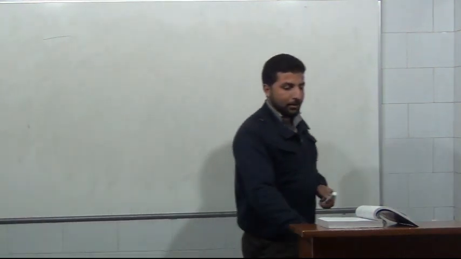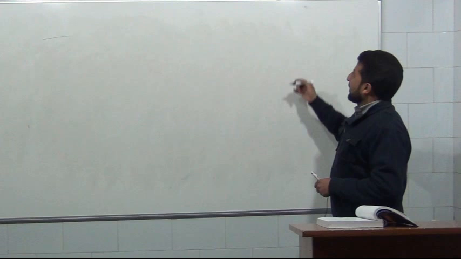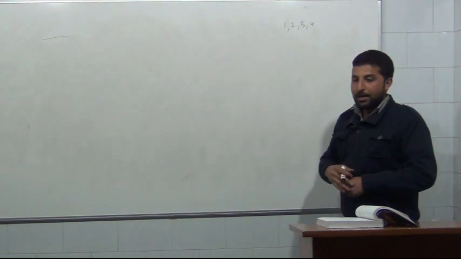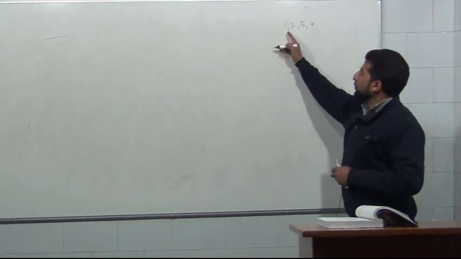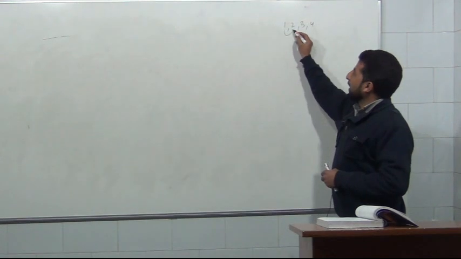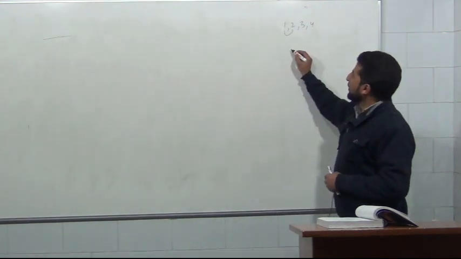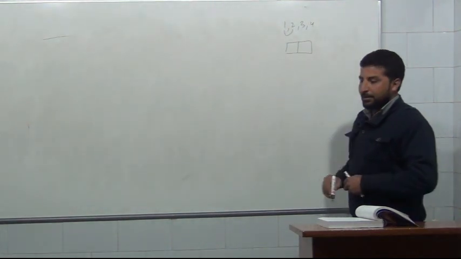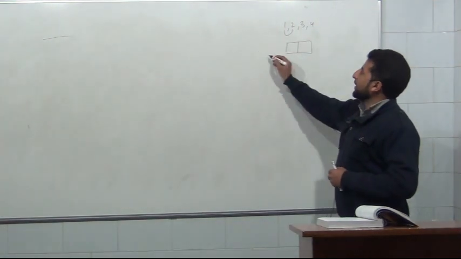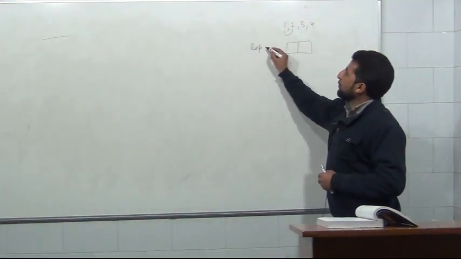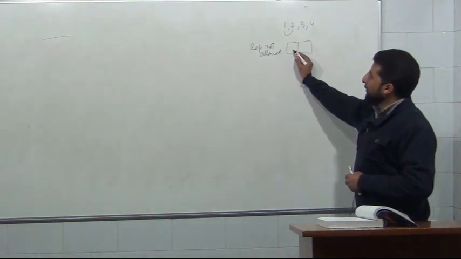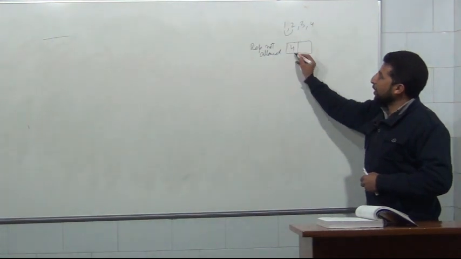Dear students, I have another question. Say you have 1, 2, 3 and 4. I want to choose two among them to form 2-digit numbers. Whenever repetition is not allowed, then to fill the first place, I have exactly 4 options.